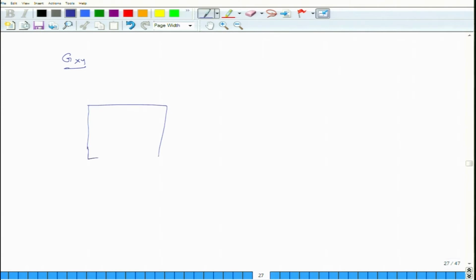We have an orthotropic composite lamina which is not especially orthotropic, and this is my x axis, this is my y axis, this is my L axis, and this is my t axis.